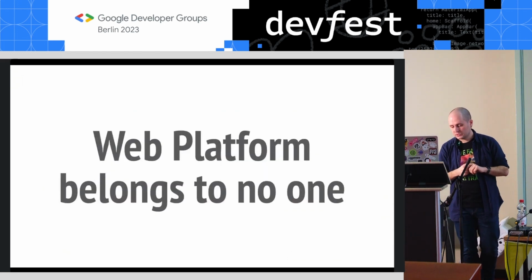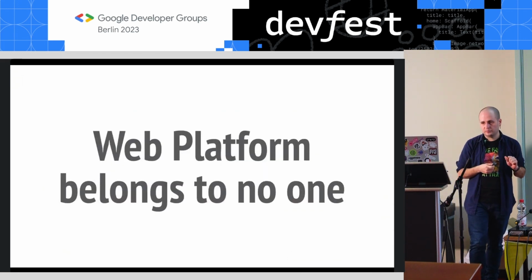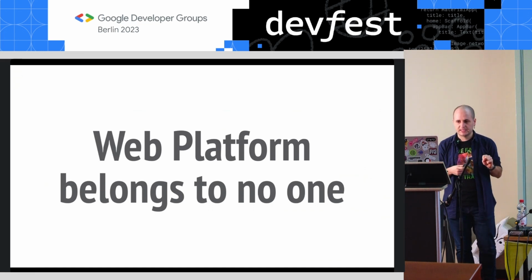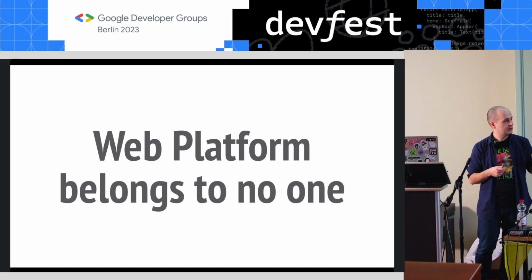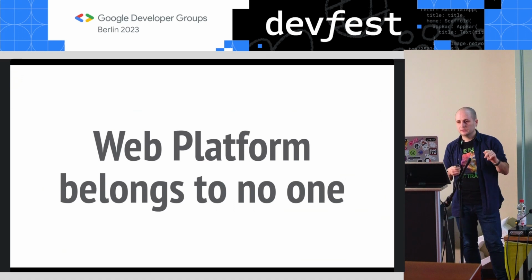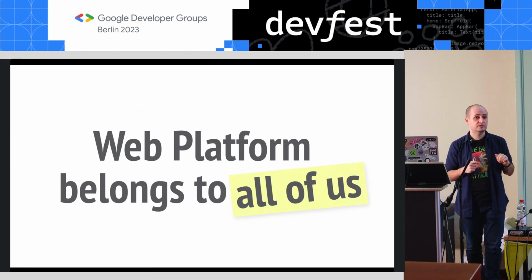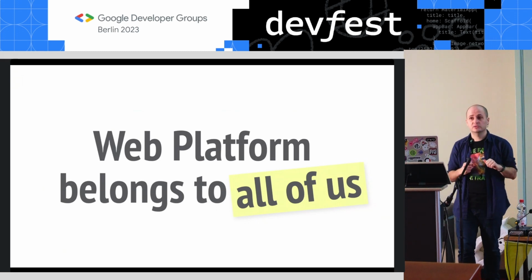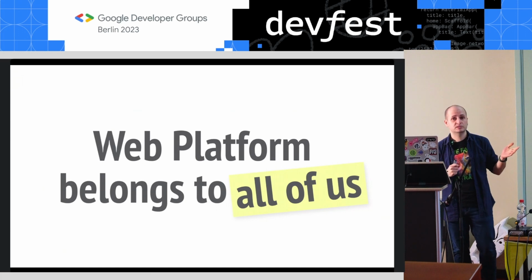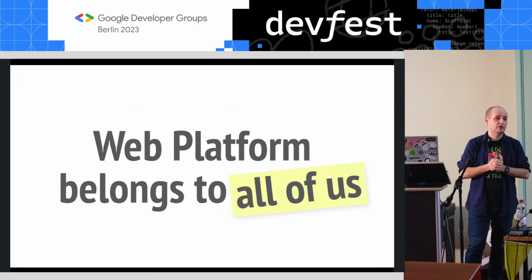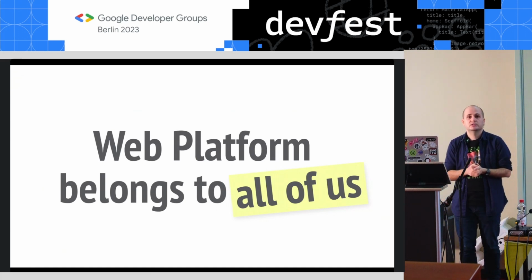And going back to the initial idea, I think the web platform belonging to no one is a bit sad thing to acknowledge, but I think this makes it better. The web platform belongs to all of us, and we all can contribute because everything's open source, everything on GitHub. You can go there and propose your changes. You can fix errors.